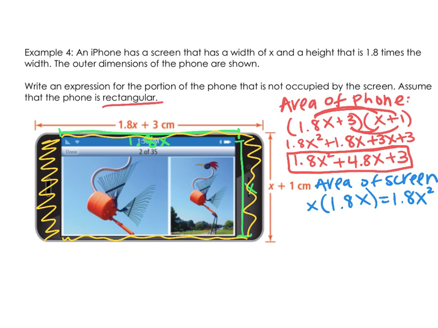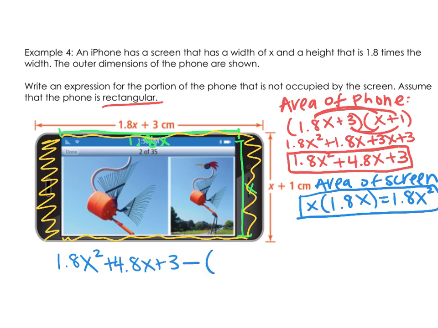So now that I figured all that out, I need to figure out what is the phone without the screen. So I'm going to take the area of my phone, 1.8x squared plus 4.8x plus 3, and I'm going to subtract out what the area of my screen was, 1.8x squared.